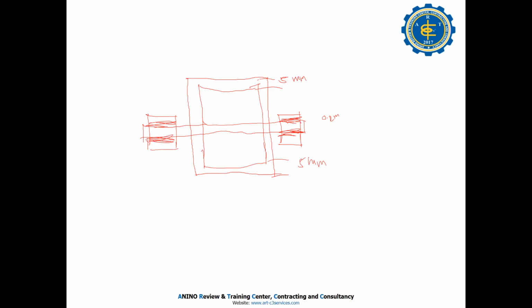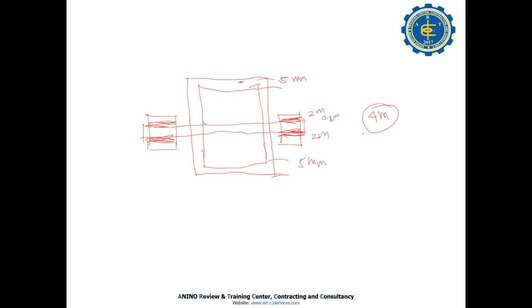Then the clearance here goes up. So the clearance here goes to 2 mm. What happened now? Your clearance becomes 4 mm in total, right?